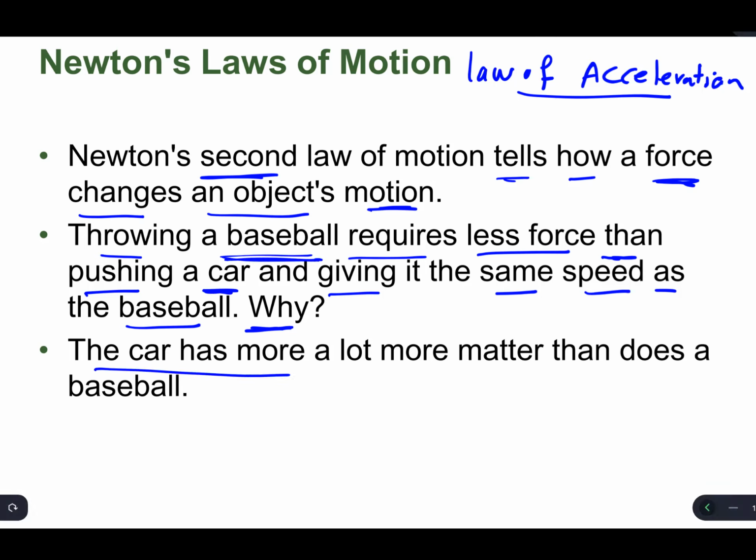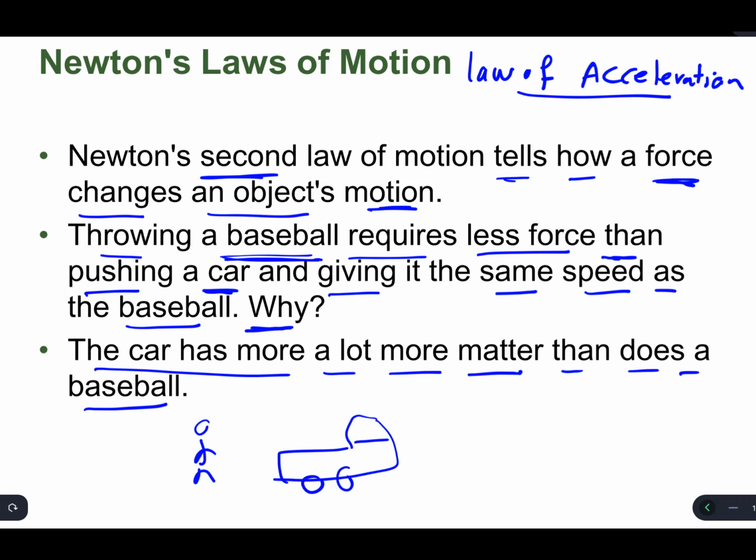The car has a lot more matter, more mass, than a baseball, right? It is harder to push a truck than to push a bike.